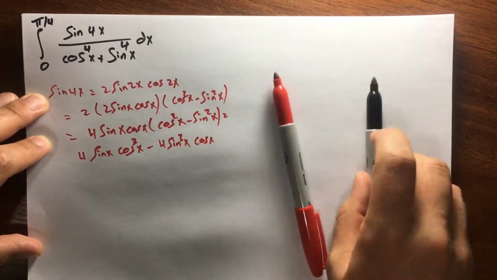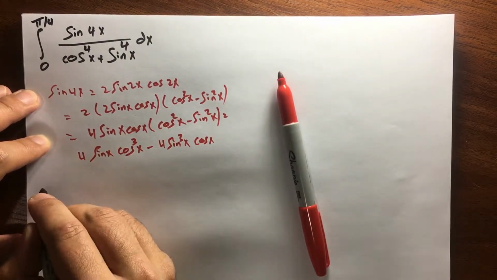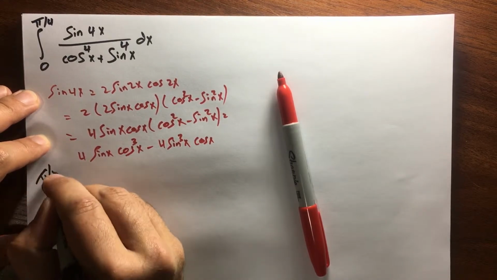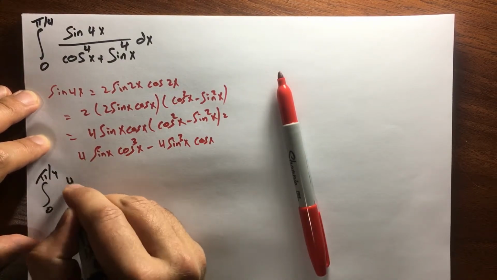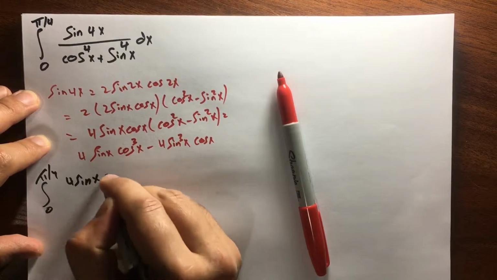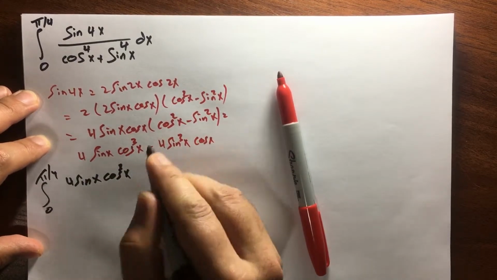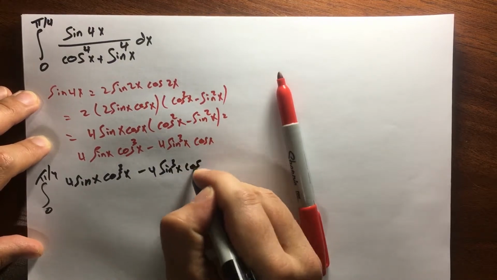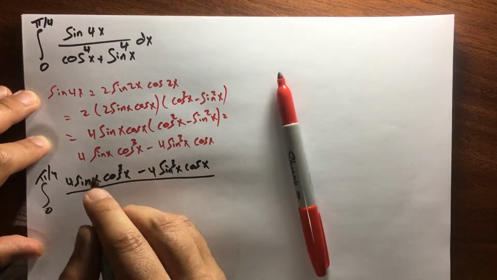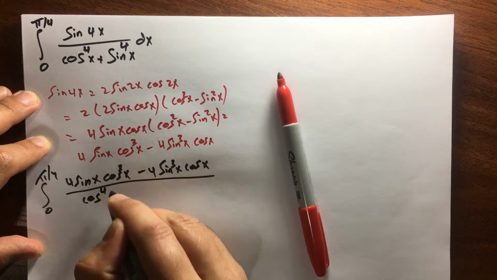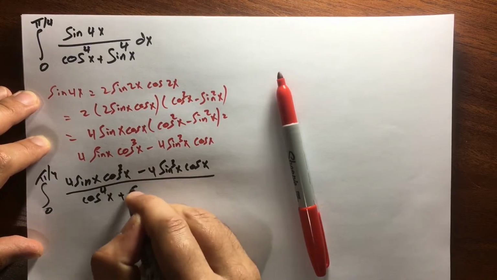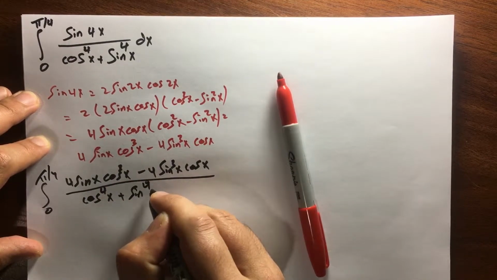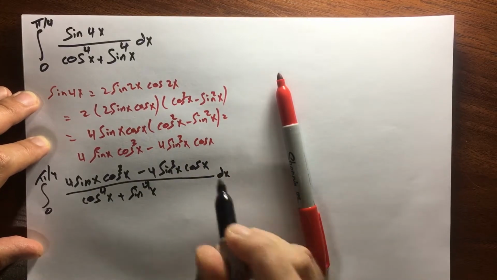Now we write the original integral from 0 to pi over 4 of 4 sine x cosine cubed x minus 4 sine cubed x cosine x, over cosine to the power 4 of x plus sine to the power 4 of x, dx.